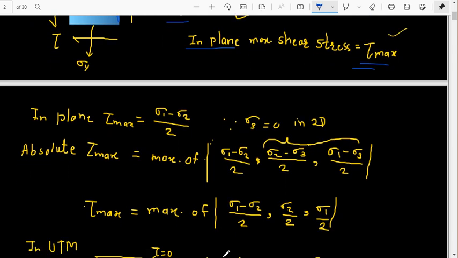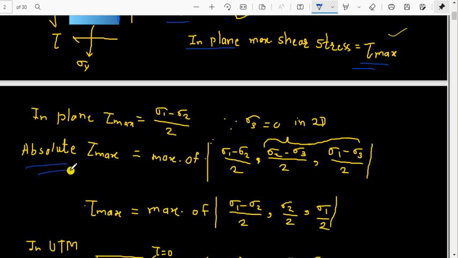We can represent it as (sigma 1 minus sigma 2) by 2, and in case of the absolute condition, the absolute maximum shear stress will be the modulus of the maximum of (sigma 1 minus sigma 2) by 2, comma (sigma 2 minus sigma 3) by 2, and (sigma 1 minus sigma 3) by 2.